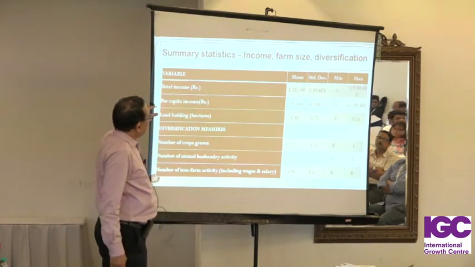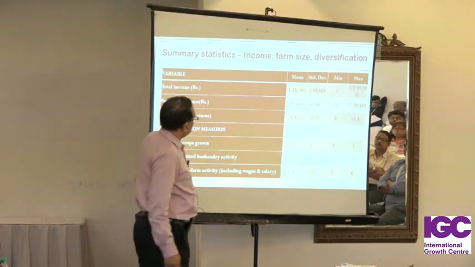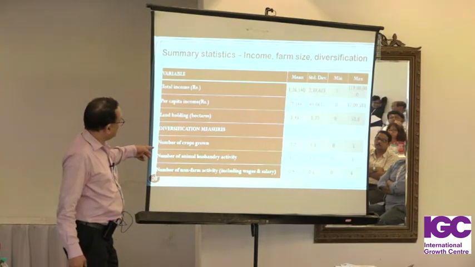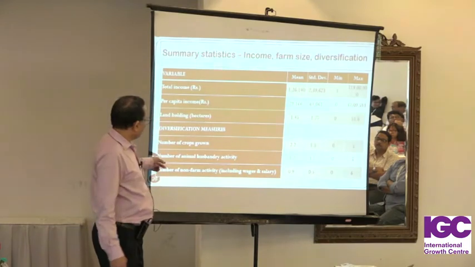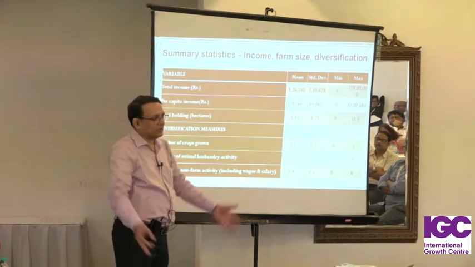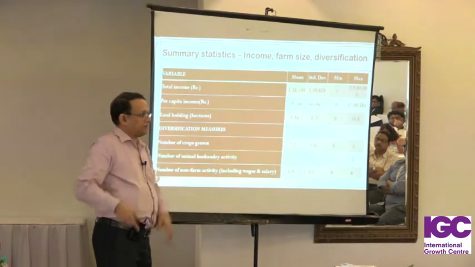And per capita income is 29,000. Land holding in hectares is 1.45. Diversification measures: number of crops grown is 2.2, animal is 1.2, non-farm is 0.9. This is for the entire sample, whereas the previous table showed it by farm size.